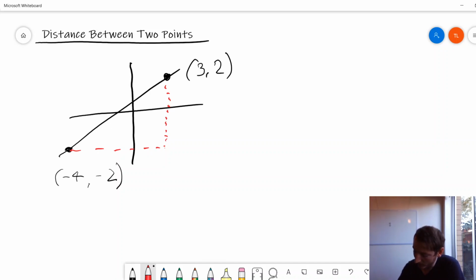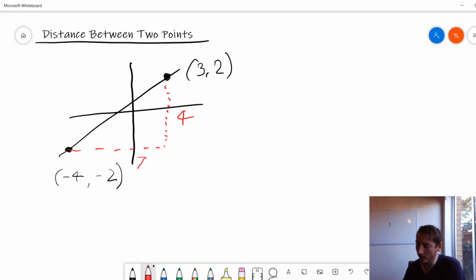This one goes up 2 to get to here, and then another 2, so it's a total of 4 up, and between -4 and 3 is a distance of 7. Then we'd use rise over run, and so we'd get 4/7 in this case.